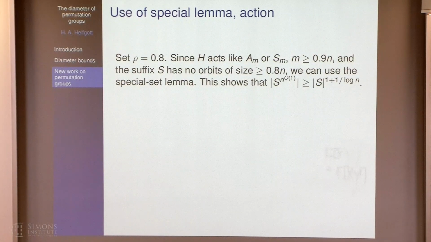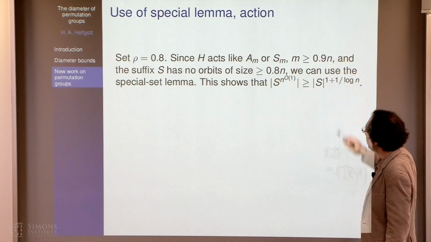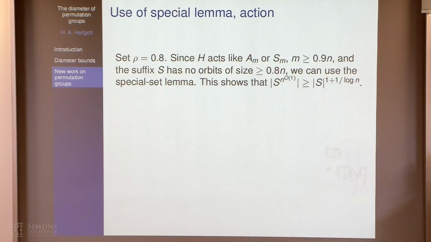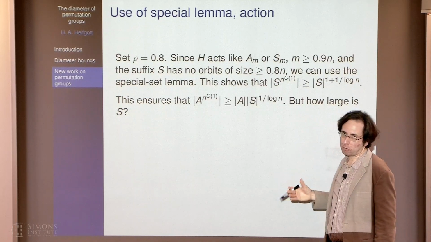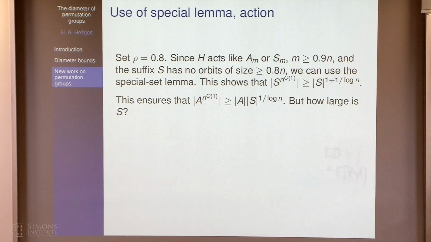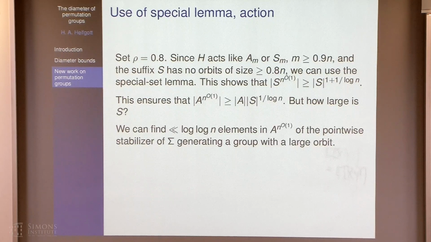There's only one thing left, in that we have the growth we want here, and it's also the case that if you manage to get growth in a subgroup, you get growth in the original group, but by the same factor. And this factor would not be very large if S turns out to be tiny. So that's a possibility that has to be eliminated. But one eliminates that using a version of an argument that was already there and that already played a crucial role back in Helfgott. So, you find some elements, a small number of elements, that generate something with a large orbit.